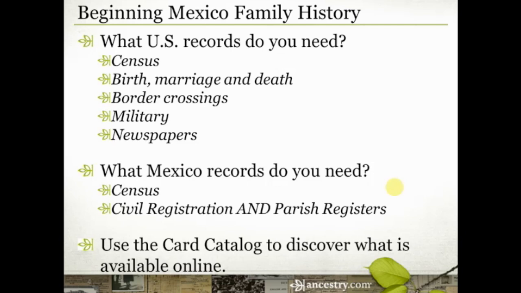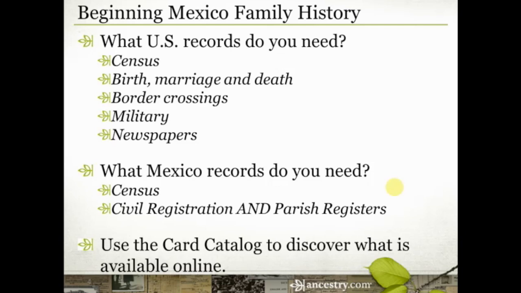And so if you have grandparents or great-grandparents who were alive in 1930, that's who you're going to want to locate on that 1930 Mexican census, because it's going to give you additional information about how old they were and where specifically they may have been born and who else in the family is living in the household, what they did for a living. I mean, all sorts of really great information available on that federal, countrywide Mexico census in 1930.